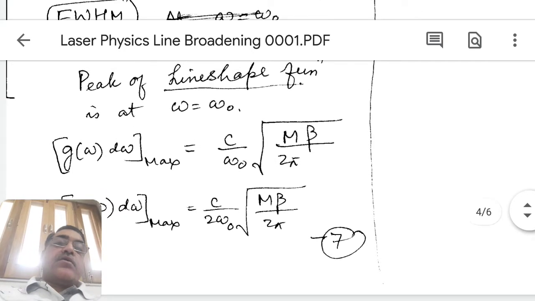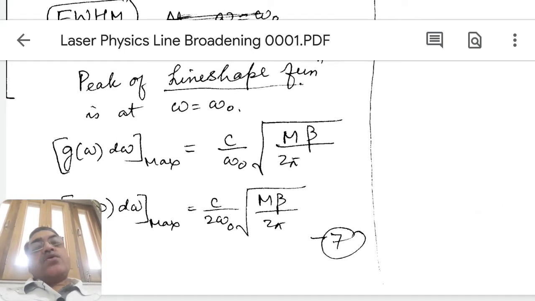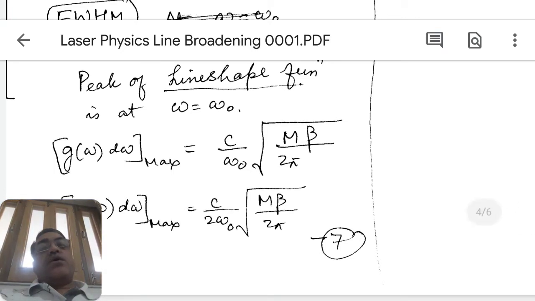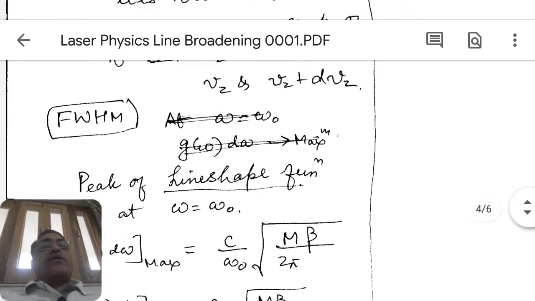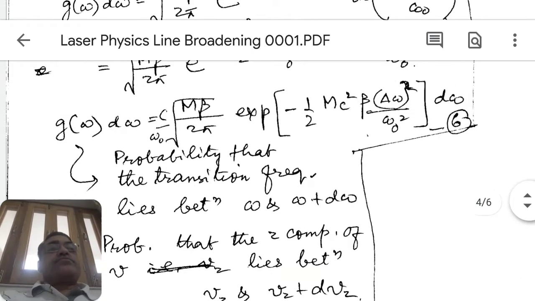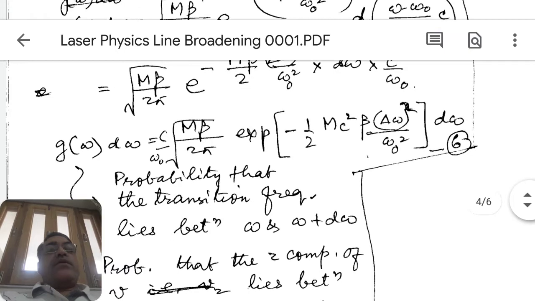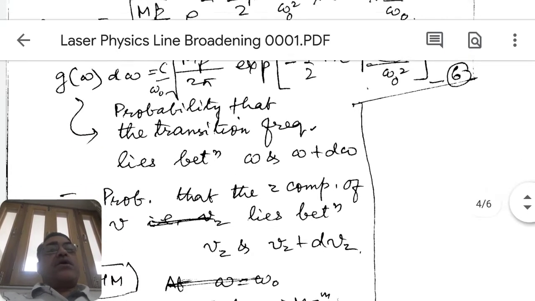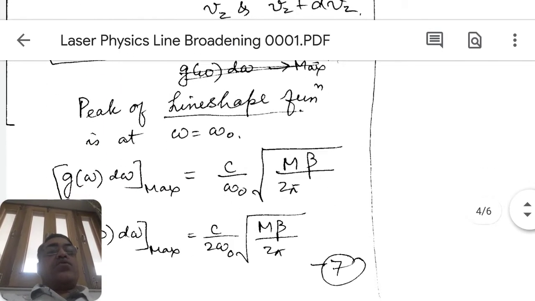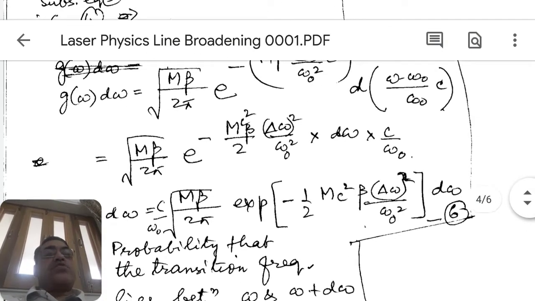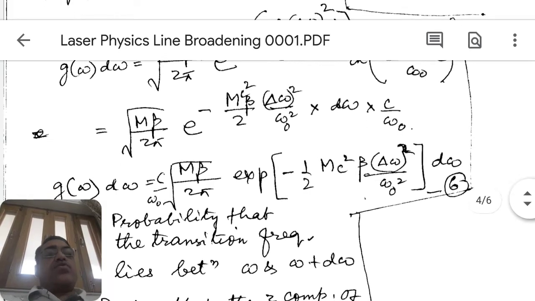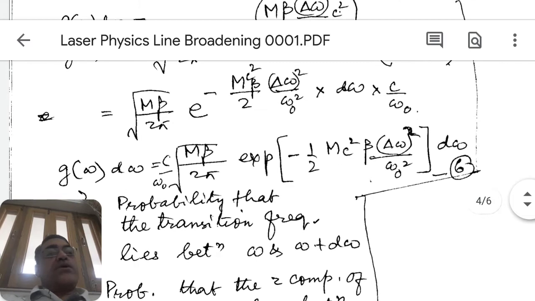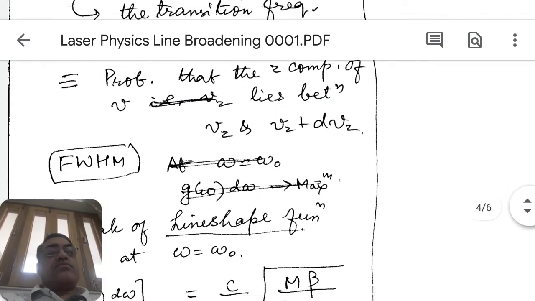The maximum value of g omega d omega is when delta omega tends to 0, so this exponential factor is going to be 1, because the exponent is 0.